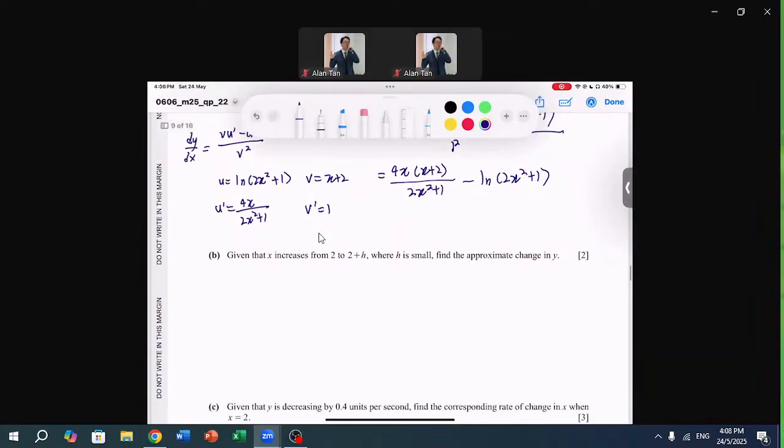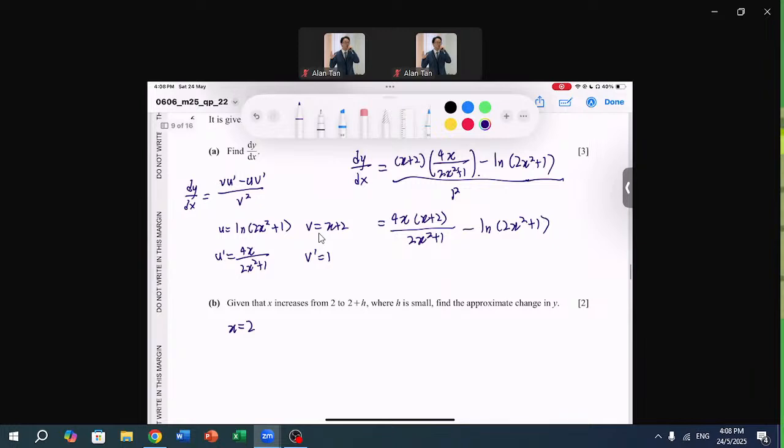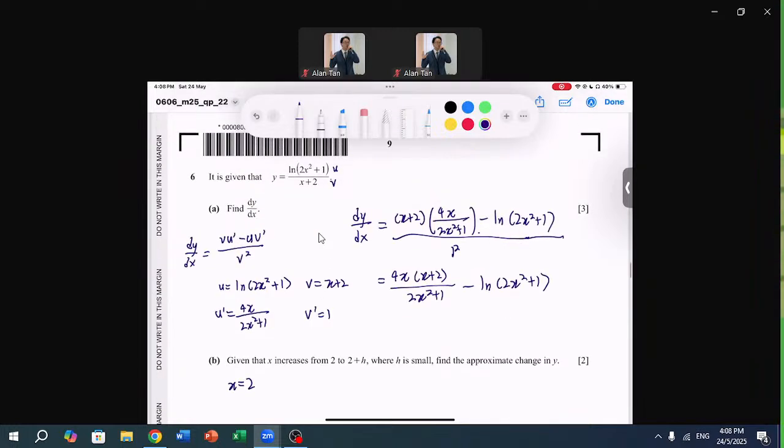Now x equals 2. If you are smart, you just key in the original equation into your calculator's differentiation function: ln of 2x squared plus 1, bracket, divided by x plus 2.